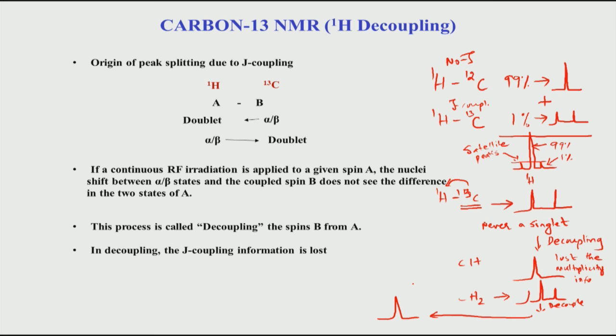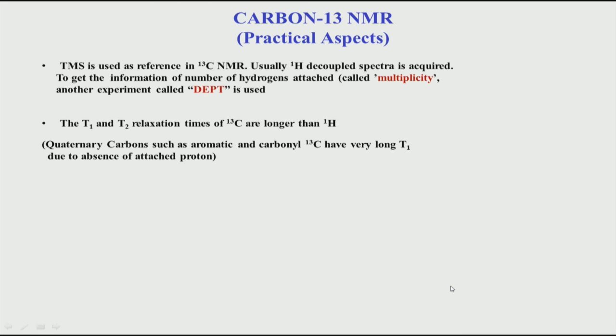So, in this manner if I do decoupling, for every carbon I keep losing the information of its multiplicity, but I will definitely get a much cleaner spectrum which is a singlet. We will see how the multiplicity aspects can be recovered by some other techniques, and we will see some examples of how decoupling improves the spectral resolution in the next class.